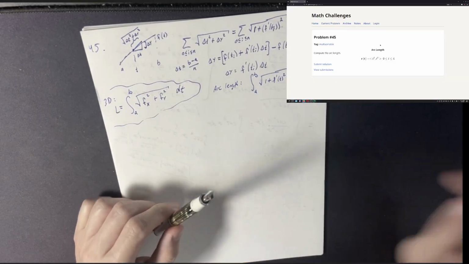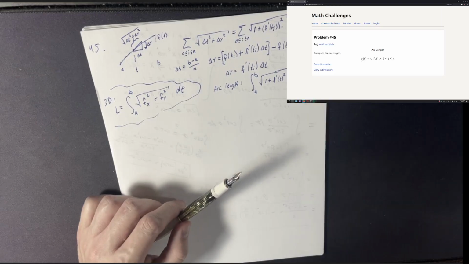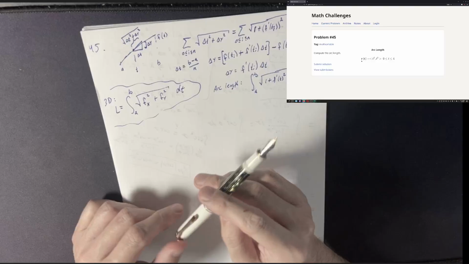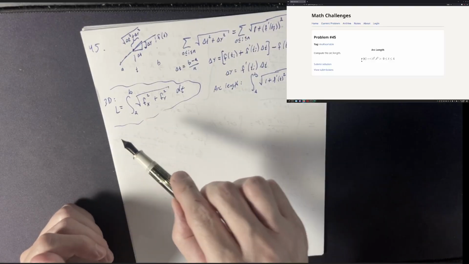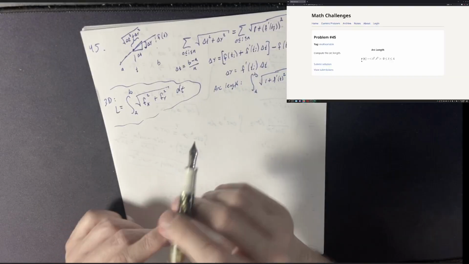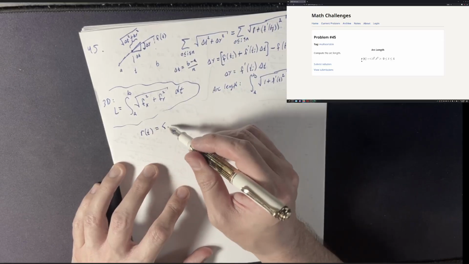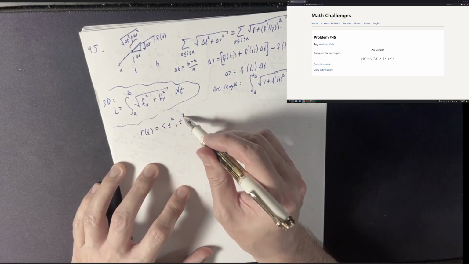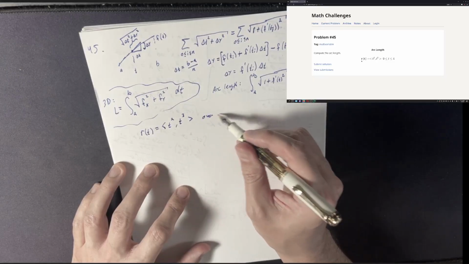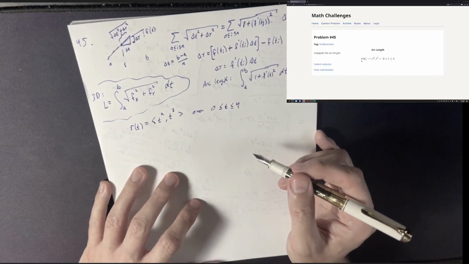So finally, back to our question. They have this vector-valued function. I usually think of that as like a point in 3D space that's moving around as time t changes. So they've given us r of t is t squared, t cubed, over the interval like that.